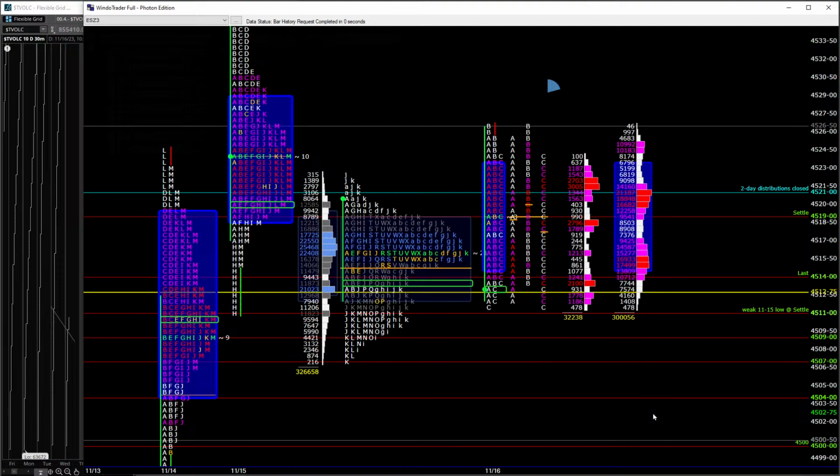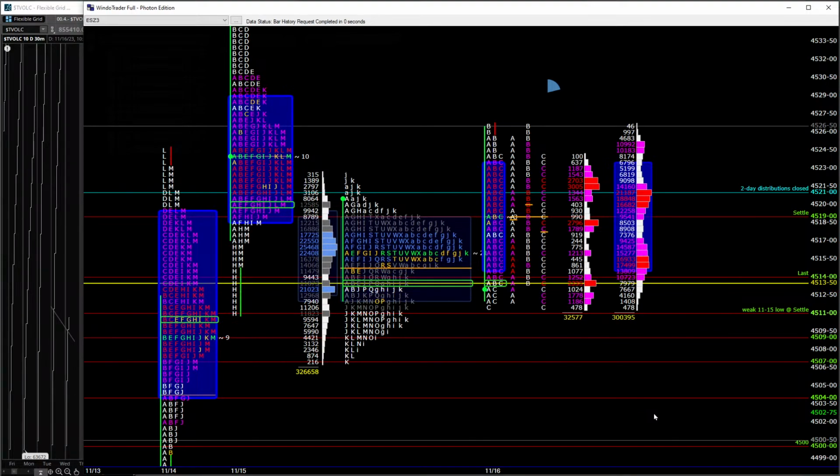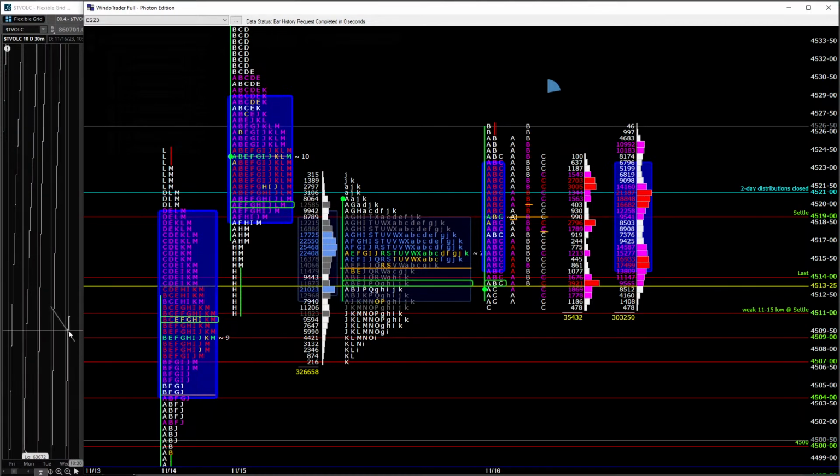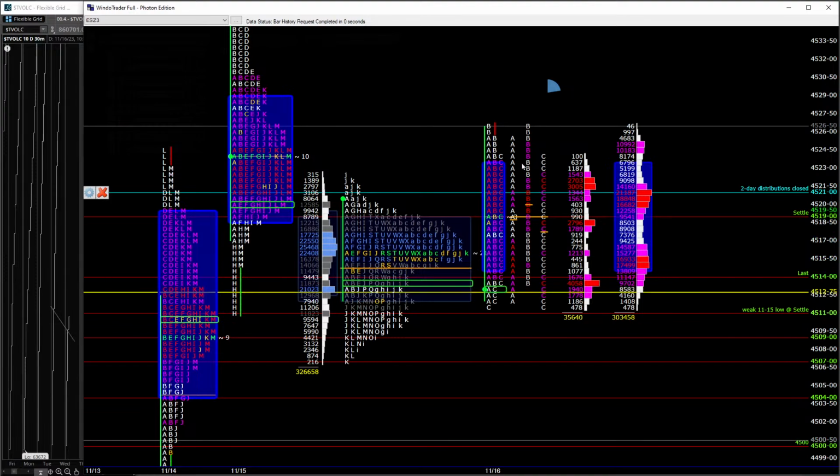Now the action is to the downside. Very low volume.